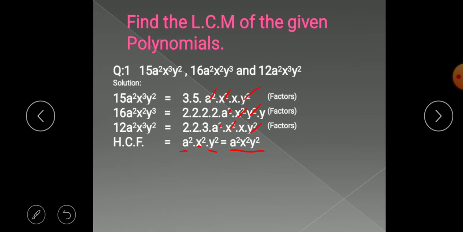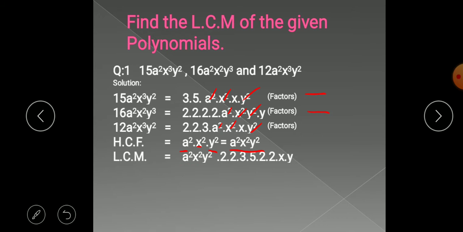Now we have to find the LCM, the least common multiple. After writing the HCF, we will check which terms are common in two factors. If there is no common number or factor, we will write it in the LCM.